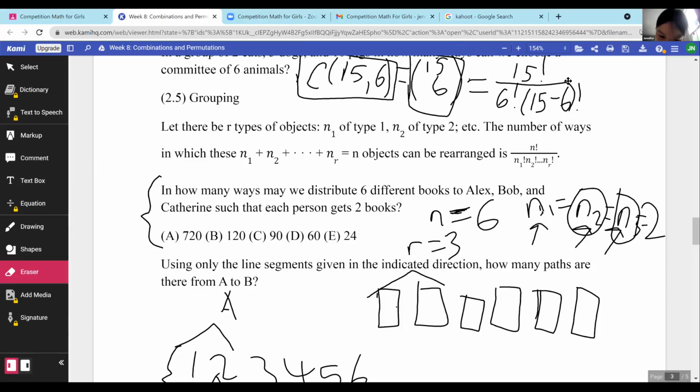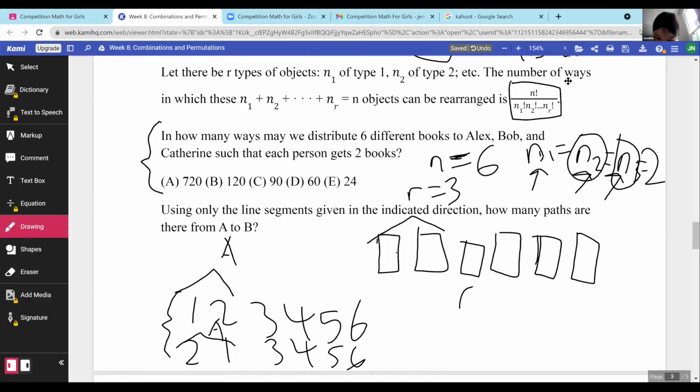Right, we could use this formula, and it would be 6 factorial over 2 factorial, 2 factorial, 2 factorial, which if you perform the math, you would get 90.